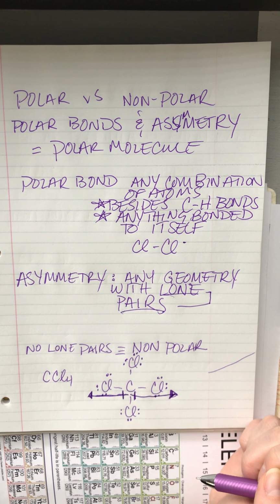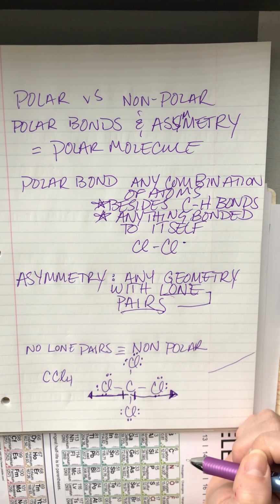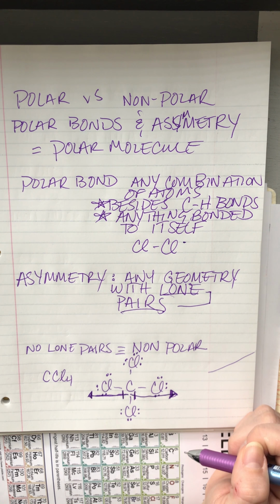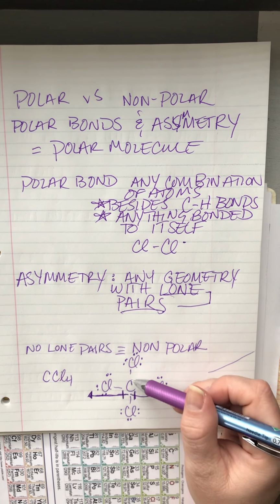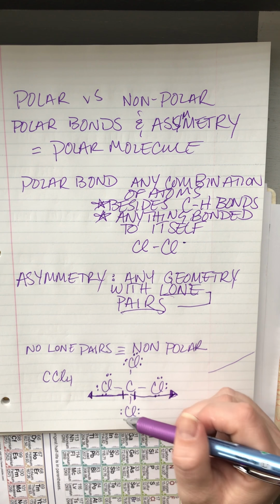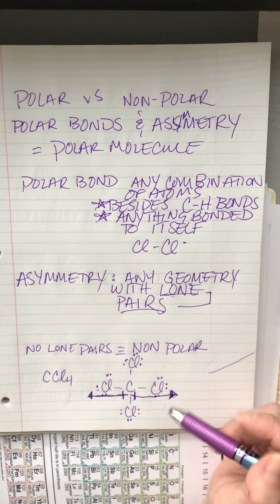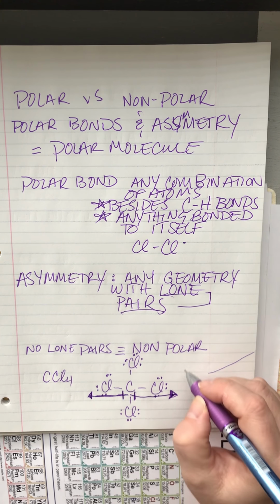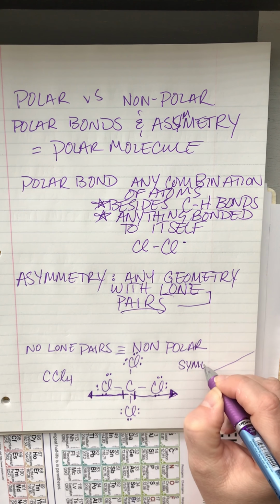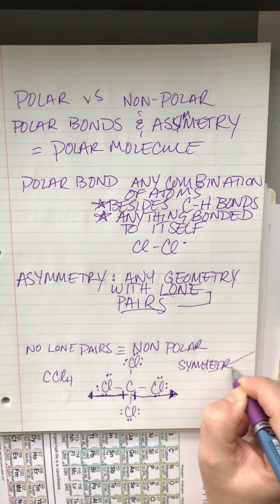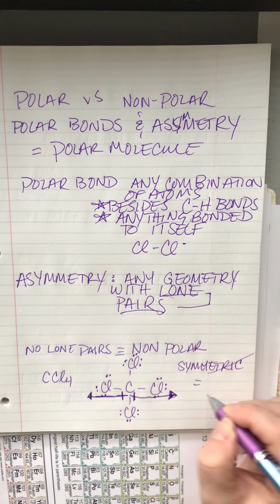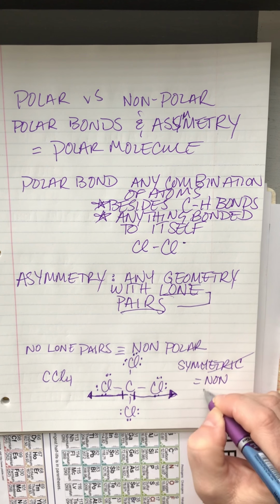Is everybody picking up what I'm laying down? So the same would be true for the top and bottom chlorines, right? And that's why this is symmetric, which means it's non-polar.